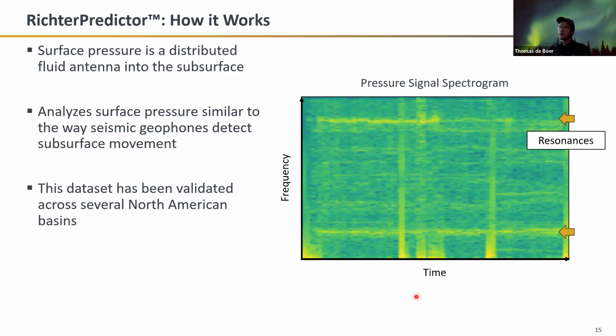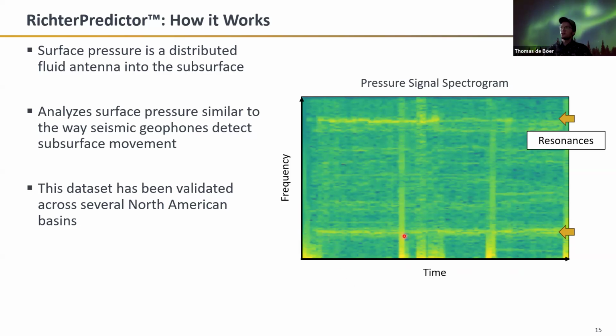So on the right-hand side here, I have a spectrogram. If you're not familiar with a spectrogram, it's essentially a frequency and time representation. So we've taken our pressure signal, we've broken it down into the various frequency components, and the brightness here represents the amount of energy at a specific frequency. We can see through time here, this is approximately 3 hours or 3 stages in this case.